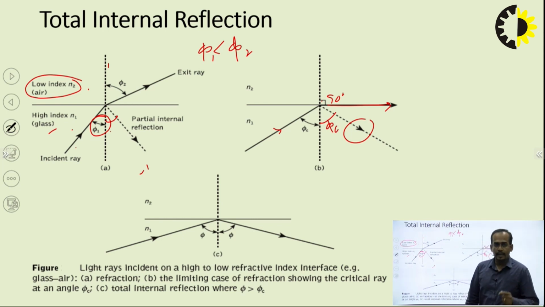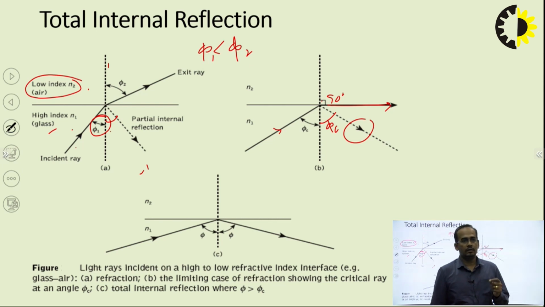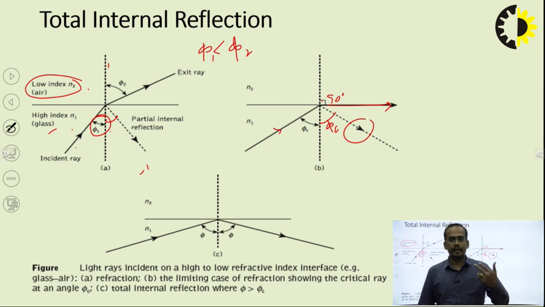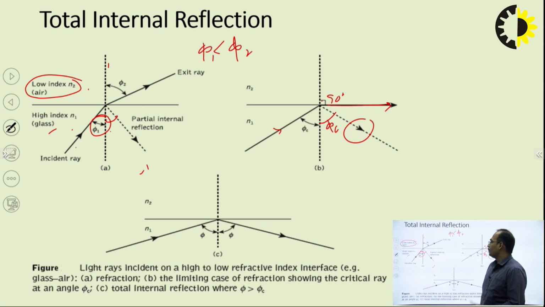So, the critical angle is the angle at which the refracted ray goes along the boundary, or the refracted ray makes an angle of 90 degrees with the normal. If it is making 90 degrees with the normal, then it will move along the boundary of the two mediums, or you can say the connecting plane of the two mediums.